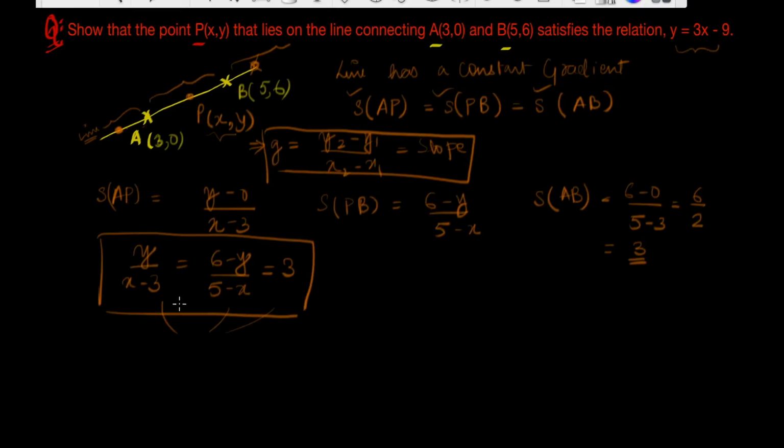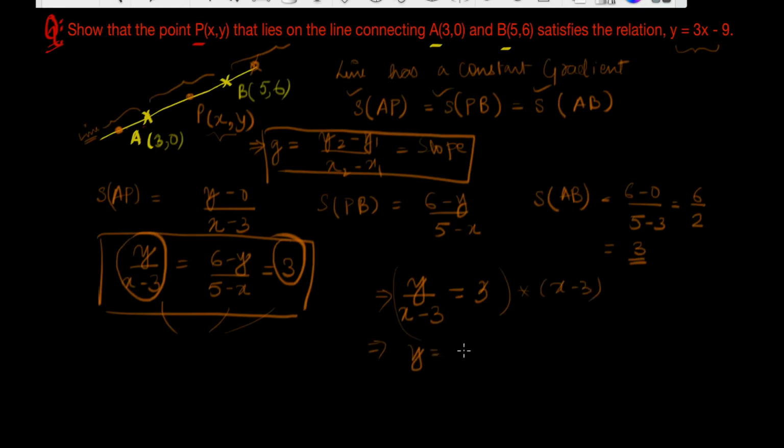Now we can choose any two of these sides about the equality and show that this relation is satisfied. Let us take a simpler case of choosing this being equal to a constant 3. In those cases, what we have is the following relation: y upon x minus 3 equals 3. What we can do is we can multiply both the sides by x minus 3, and that gives us y equals 3 times x minus 3 times 3, which is 3x minus 9.